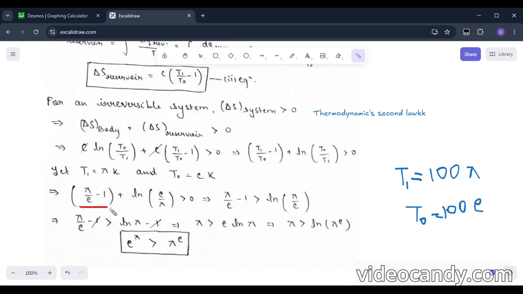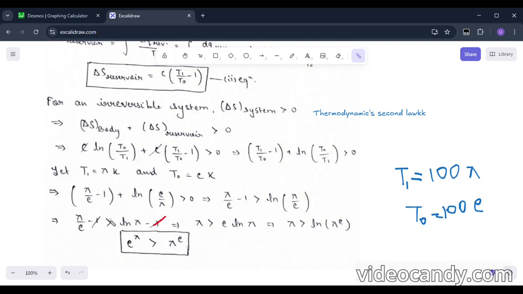Now pi by e minus 1 plus ln(e by pi) should be greater than 0, substituting the values of pi and e in this expression. Now pi by e minus 1 should be greater than ln(pi by e), basically minus of ln(e by pi), which in turn becomes the reciprocal. Now using the properties of the log, we can say that pi by e minus 1 is greater than ln pi minus ln e, which is basically 1.